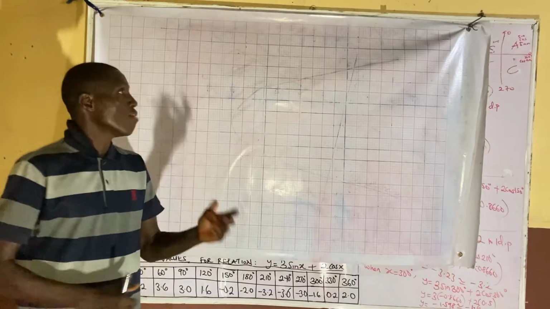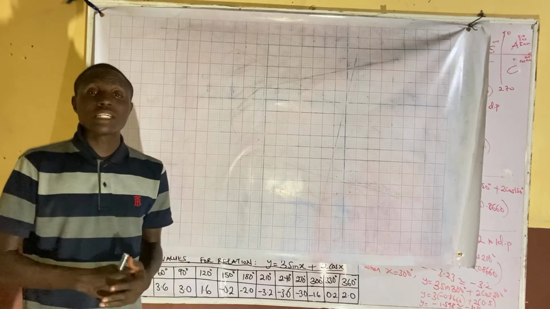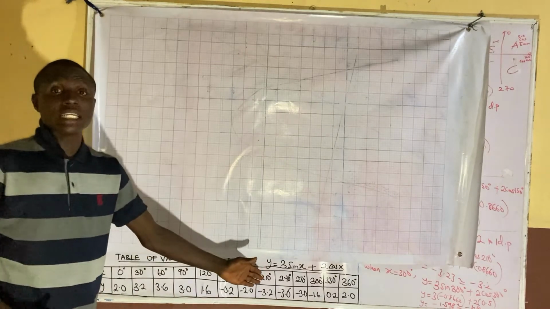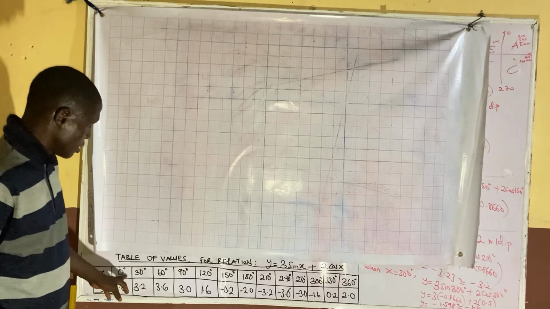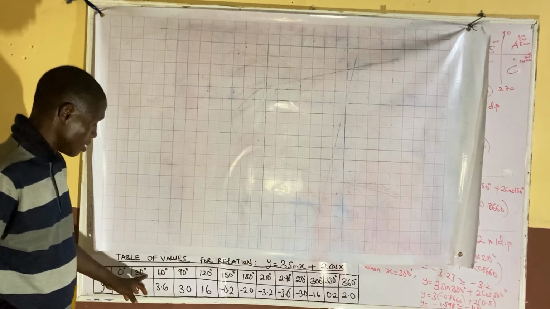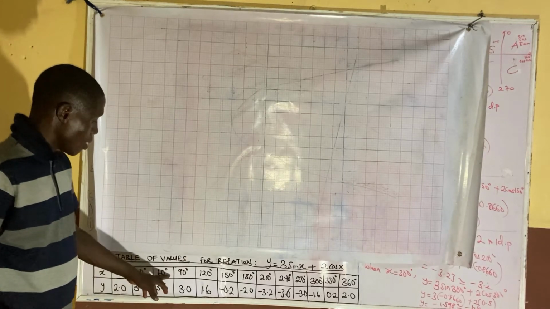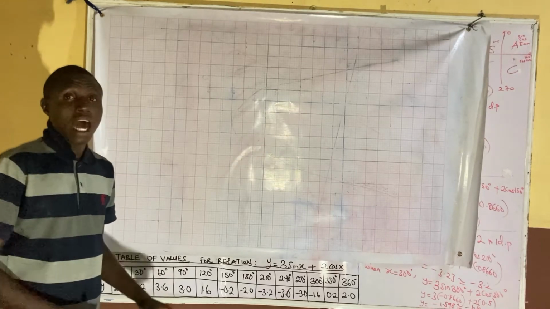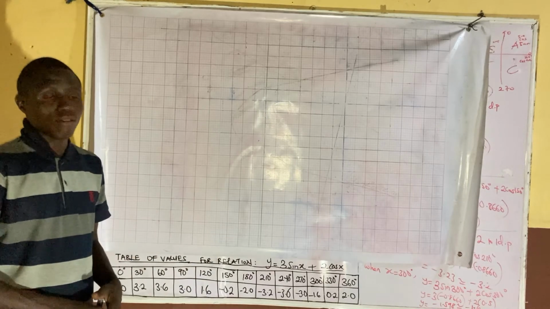Welcome back. Having prepared the table of our values, we have to plot a graph. Underneath here is the table of values. When x equals 0 degrees, we have 2.0. When x is 30 degrees, we have 3.2. When x is 60 degrees, we have 3.6, and so on. We have to plot a graph for this table of values.